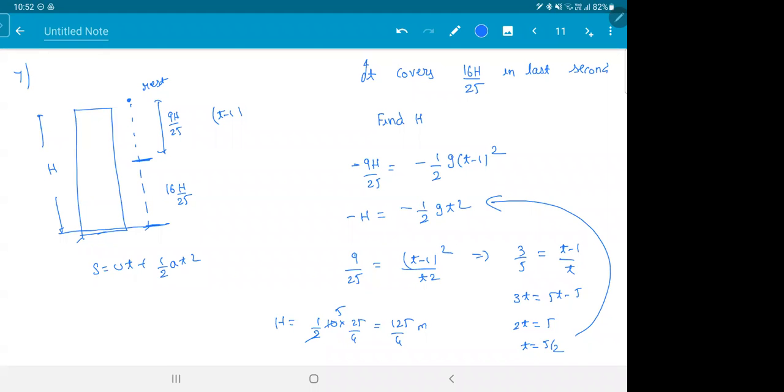Check out the steps. For the first t minus 1 seconds, you cover h minus 9h by 25.